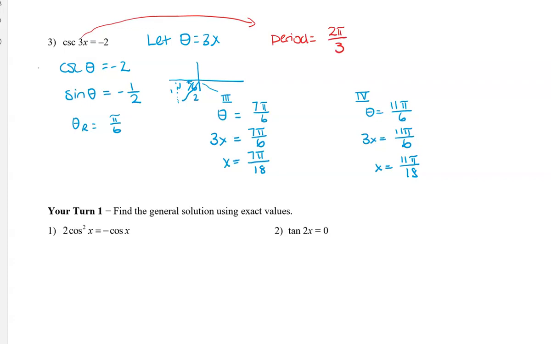So therefore, we're going to say that x equals 7 pi over 18 plus 2 pi over 3n. And then here, x equals 11 pi over 18 plus 2 pi n over 3, where n is an integer. And that's how you express solutions in the general form.